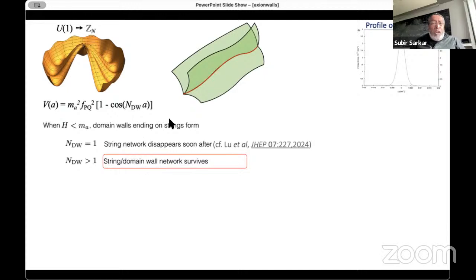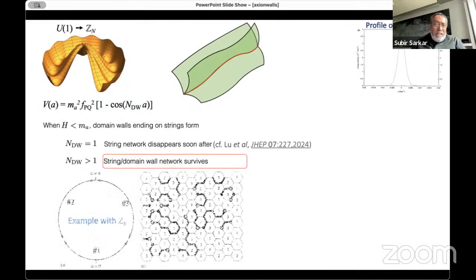And the argument has been that if N_W is 1, then the string-wall network disappears. Although there is a recent, very interesting paper which I would point you to, which says that this may not be the case even for N_W equal to 1. But certainly it is generally accepted that for N_W more than 1, for example, the DFSZ model of axions, the domain wall network survives.